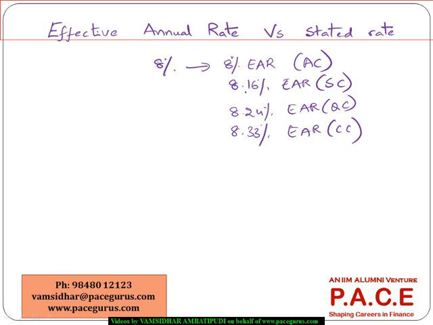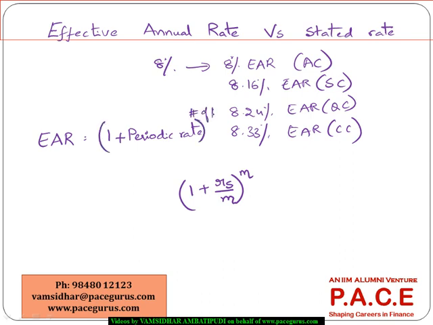So that's the kind of relationship that we need to be comfortable with. And in short, whenever I talk about the effective annual rate, I look at it like 1 plus the periodic interest rate, where the periodic interest rate comes from the stated interest rate by m, to the power of the number of periods in a year.